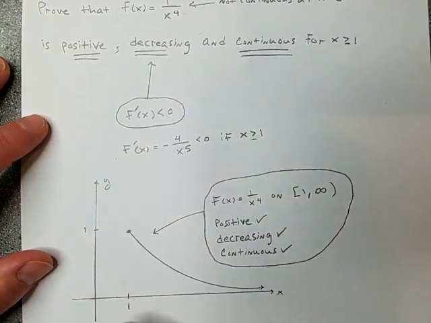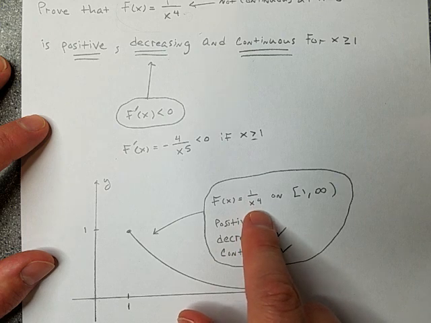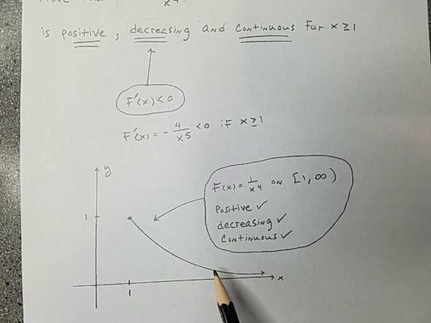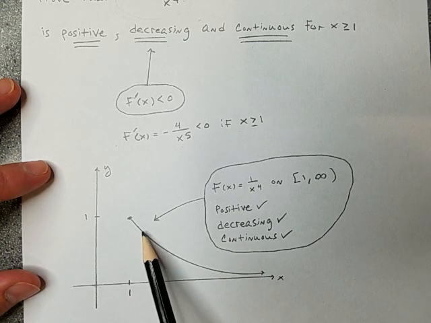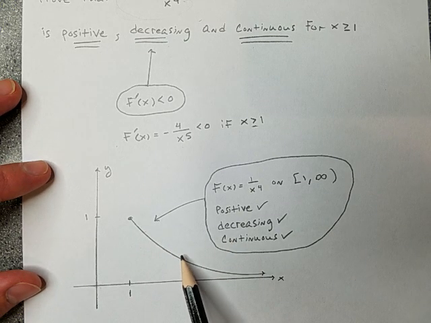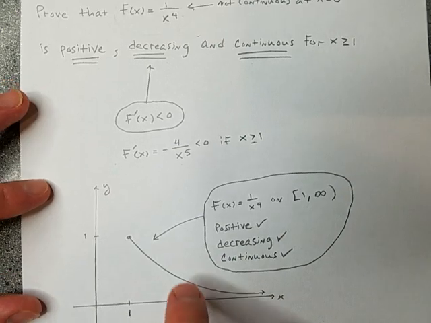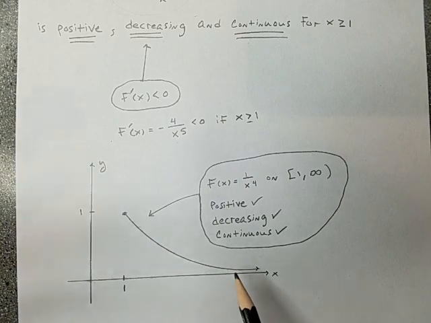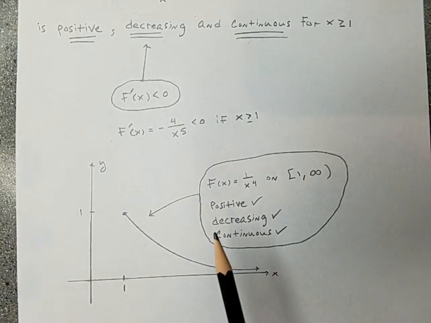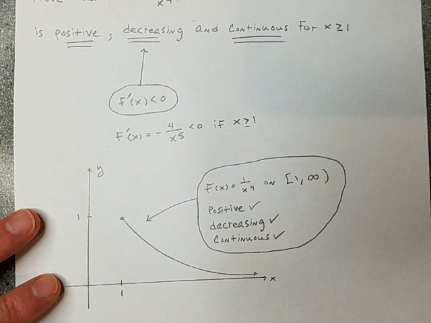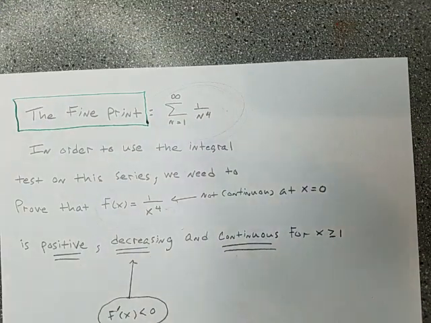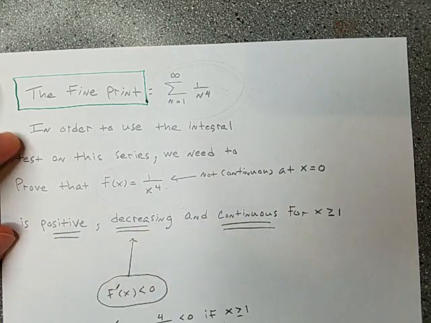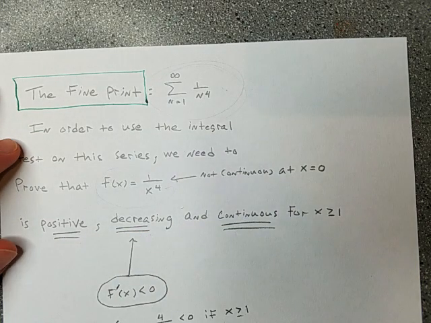I drew a little graph of what 1 over x to the 4th power looks like from 1 to infinity. You can see every point on here, the y-coordinate is positive. It is decreasing because the y-coordinates are getting smaller as the x-coordinates get bigger. That's what this established. And it's continuous. There are no breaks, holes in the graph, or vertical asymptotes from 1 to infinity. Okay? So that's the fine print. Before you use the integral test, just verify those three things, and then you can use it as you saw in the video.